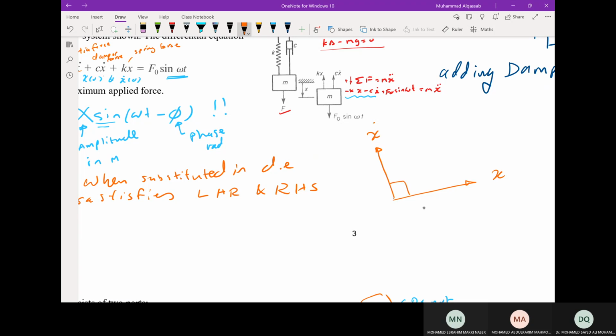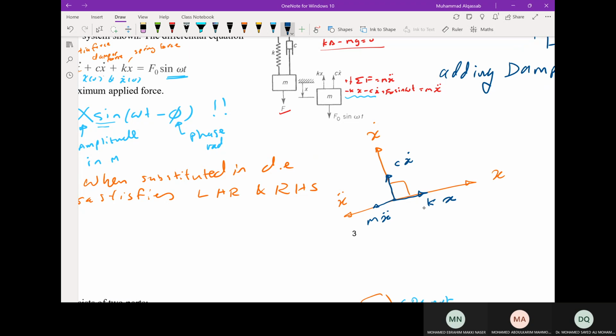So here is 90 degrees, and out of phase, which is 180 degrees, is the acceleration. And the forces are, the spring force is along this, k times x, this will be c times x dot, and this will be m times x double dot. So those are the directions of the force vectors. So we can add them. When we add them, the one that closes the polygon will be the right-hand side, which is the force.